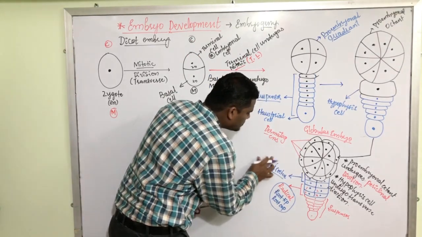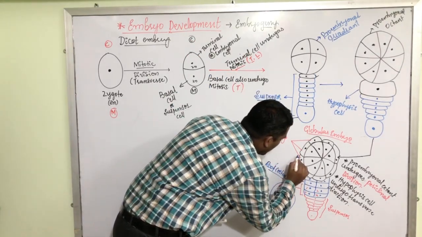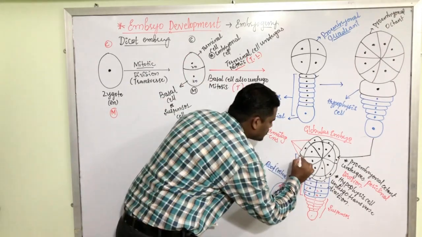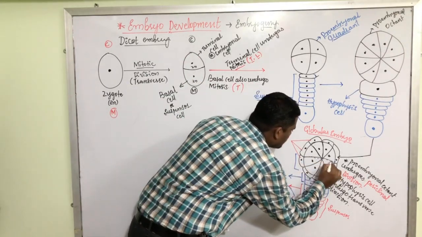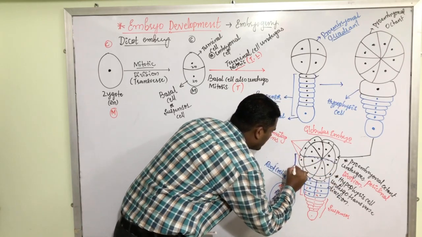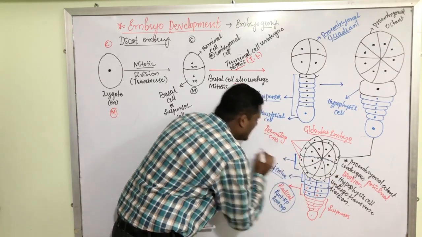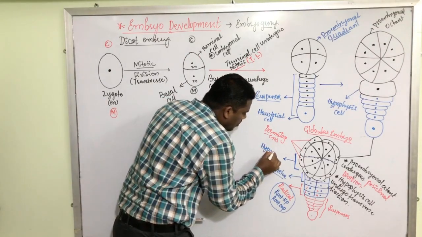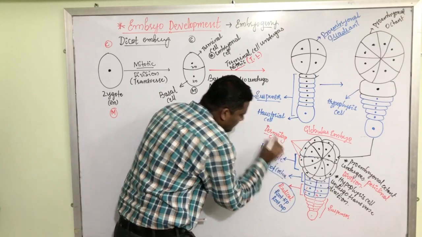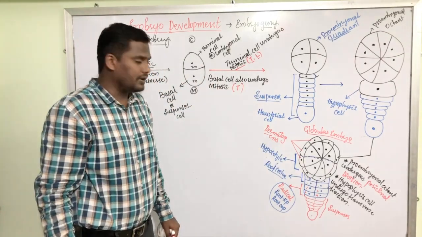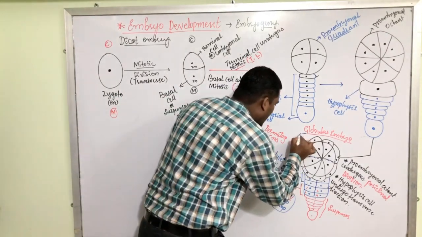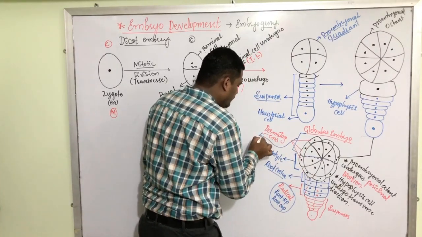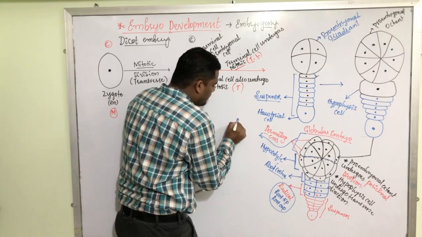Whereas, let us erase this, whereas this half of the globe, this much, half of the globe, these cells in future, they form the hypocotyle. They form the hypocotyle of the embryo, whereas the remaining half of these cells, they form the plumule.